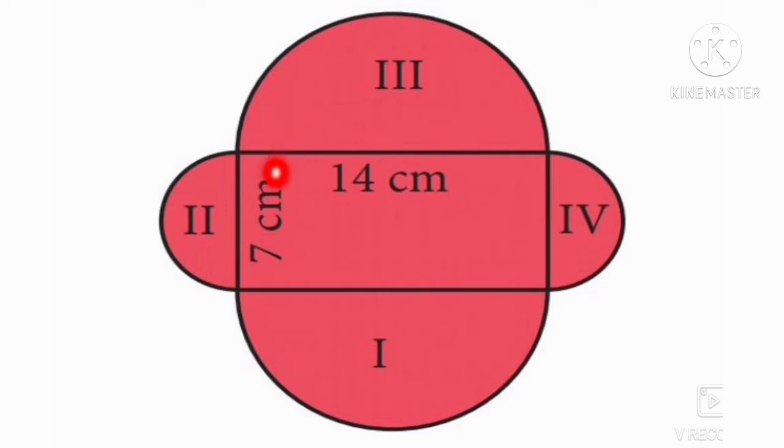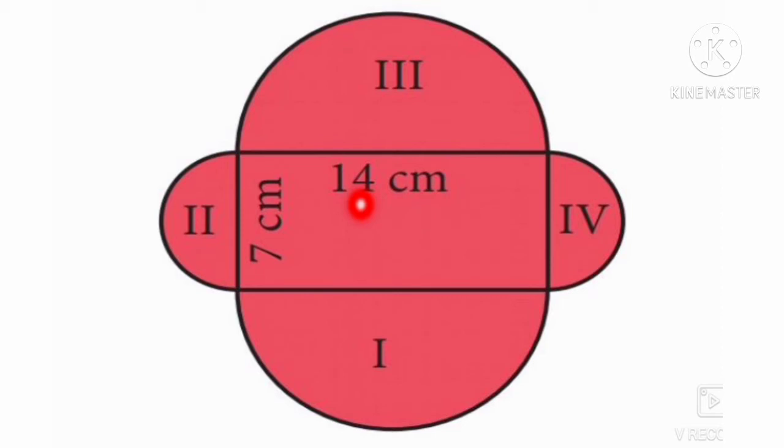It is clear that 2 and 4 are equal in measure, that is, they have the same diameter. So we can find the circumference of one semicircle and multiply it by 2 to get the circumference of these two semicircles. Similarly, semicircles 1 and 3 have the same diameter, which is 14 centimeters.